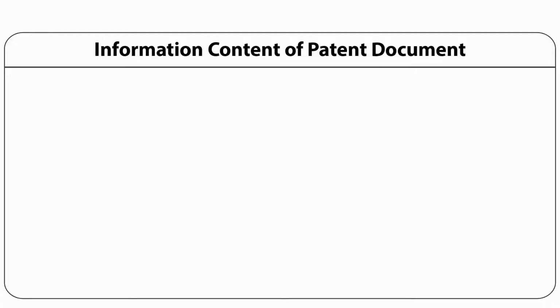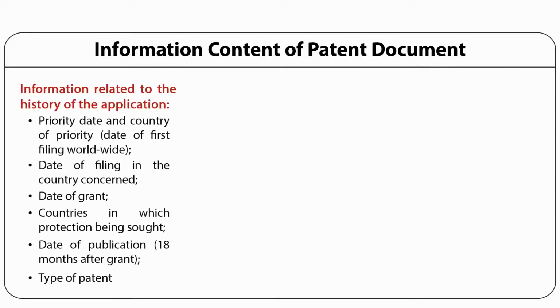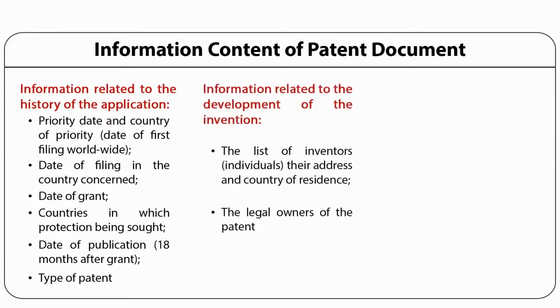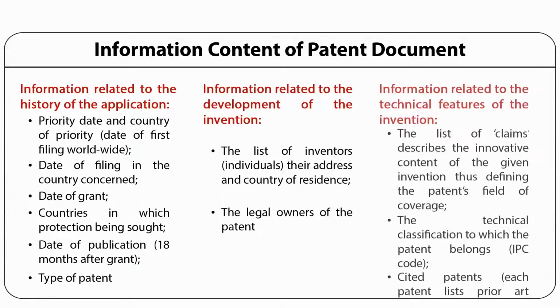You see that we have information related to the history of the application, information related to the development of the invention, and information related to the technical features of the invention. It tells you about the different attributes for understanding the patent document.